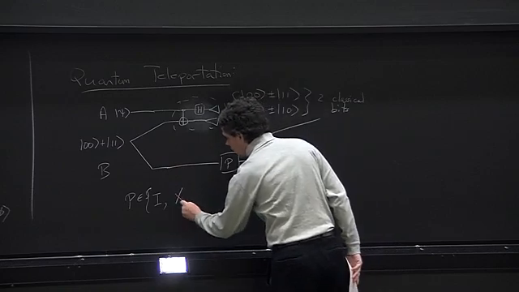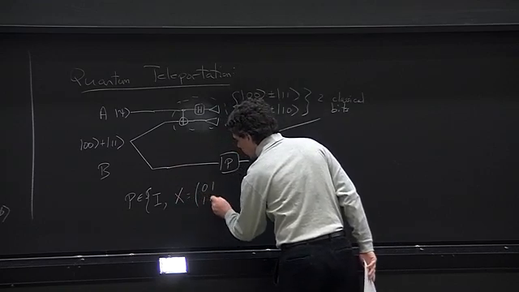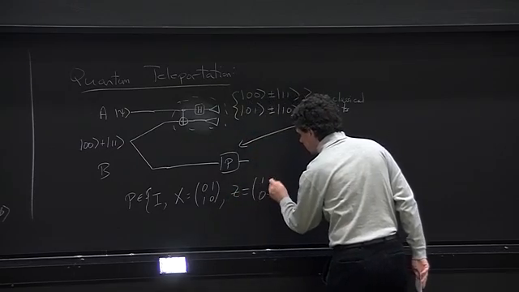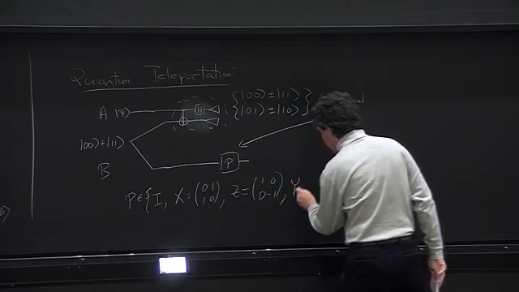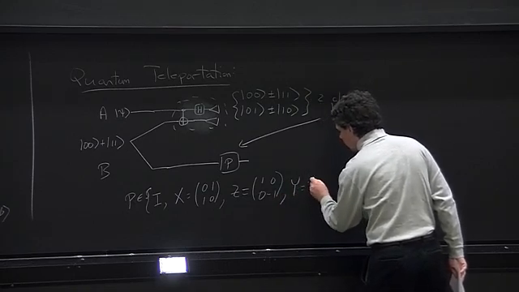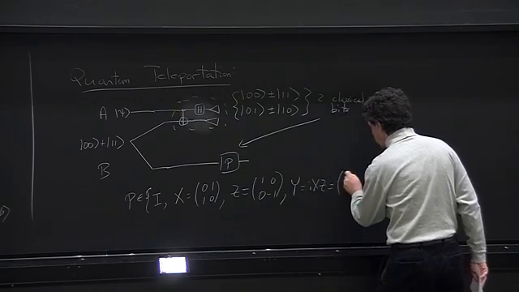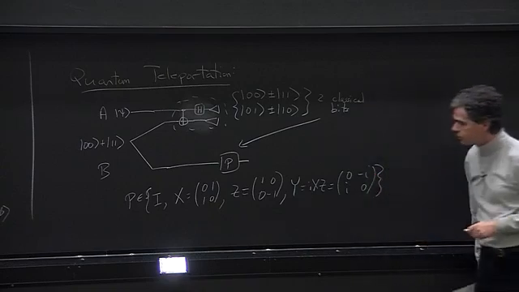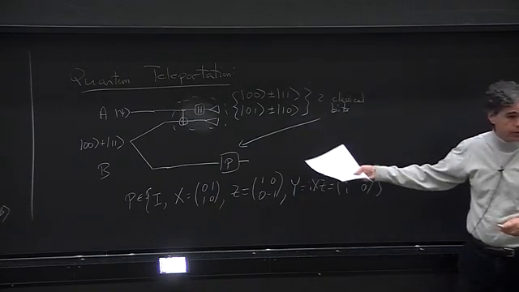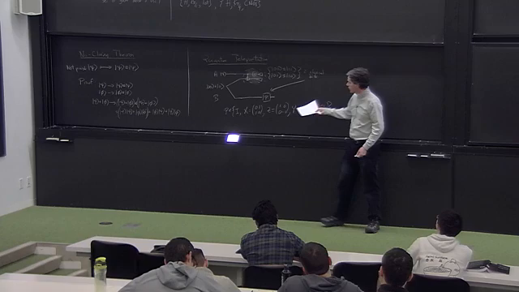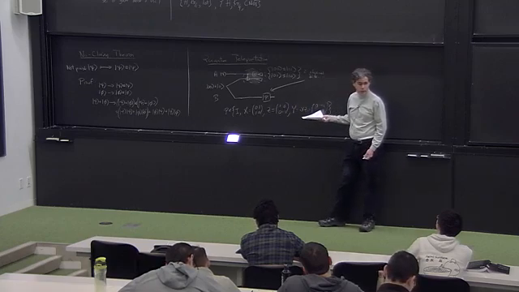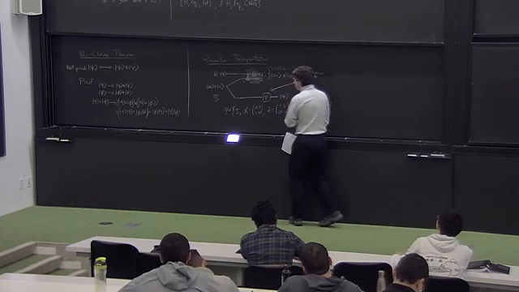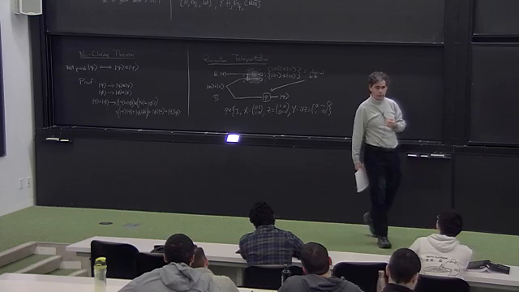But there's also X, which is the bit flip, Z, which is the phase flip, and Y, which is iX times Z. And so depending on which of the 4 outcomes Alice gets, Bob will do one of these 4 Paulis. And the upshot is that at the end, Bob has Alice's qubit.